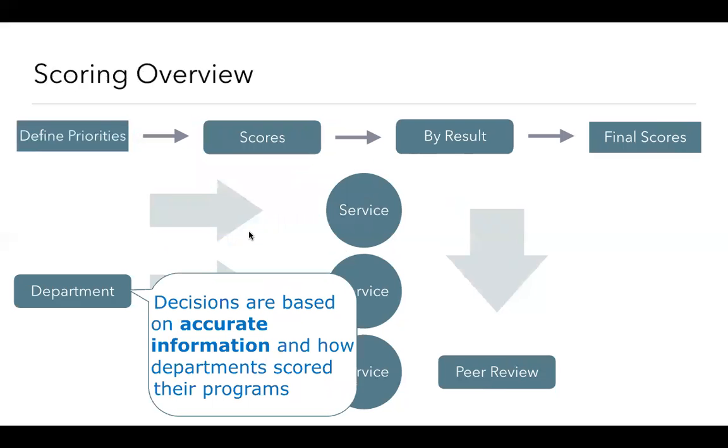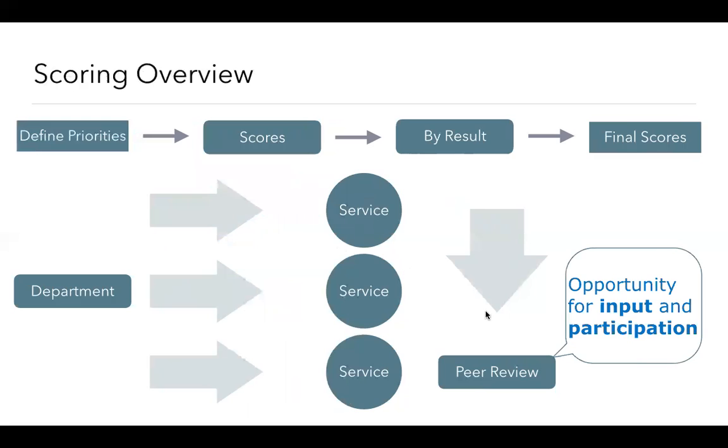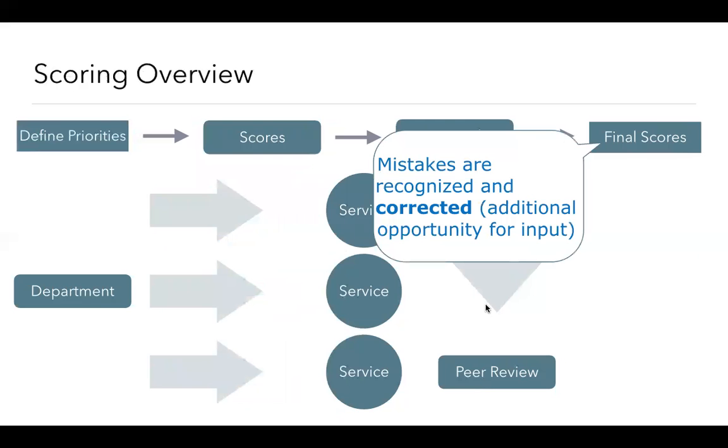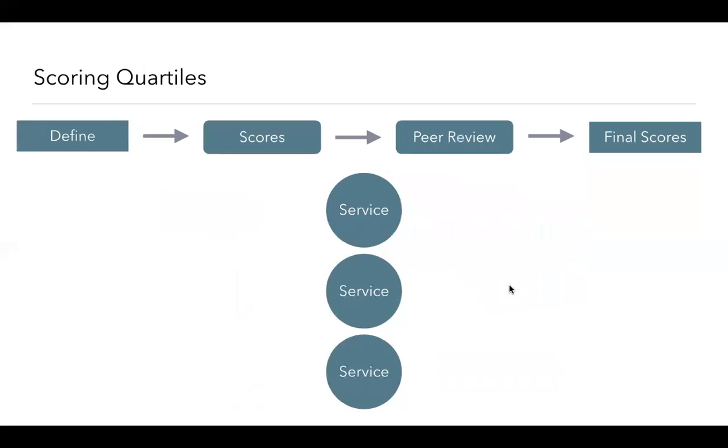You as experts for your particular area have applied scores to your services, and now during peer review is the opportunity for the rest of the organization to provide input and validate those scores. At the end, the super users and leadership team will go through, look for any inconsistencies, recognize any errors, and will finalize the scores to go through and be able to utilize the data.